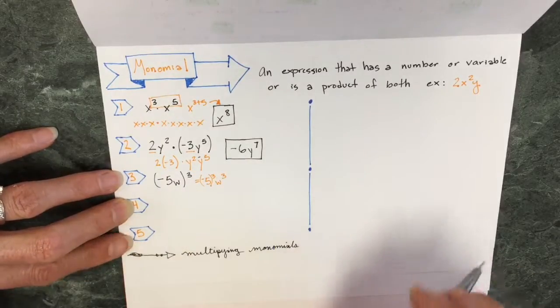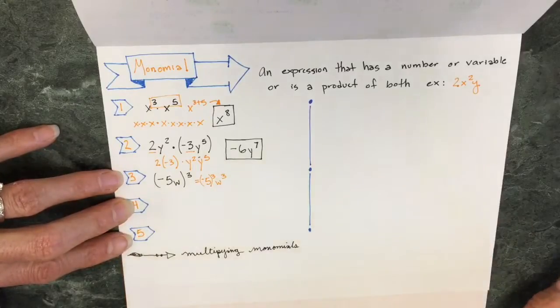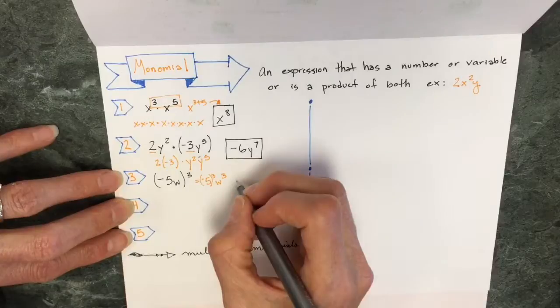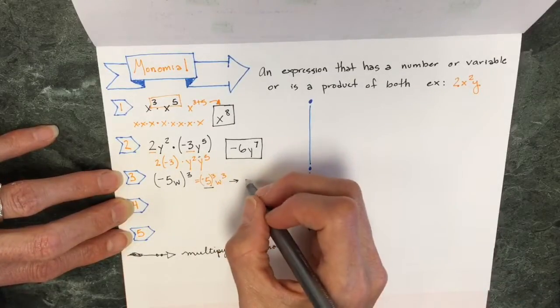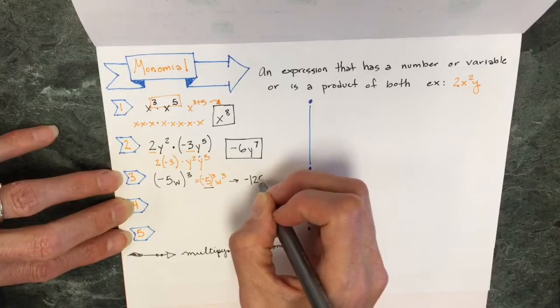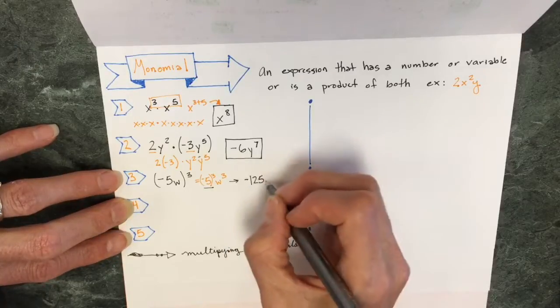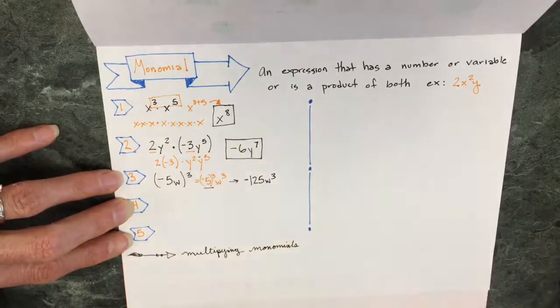And we can do negative 5 to the 3rd power. Negative 5 times negative 5 times negative 5. That would be 125. So this becomes negative 125. And w to the 3rd power stays w to the 3rd power.